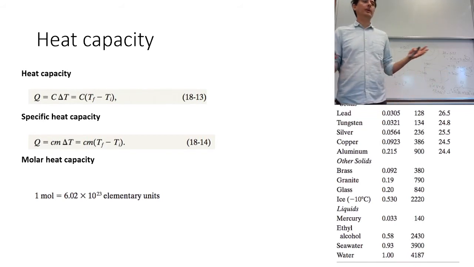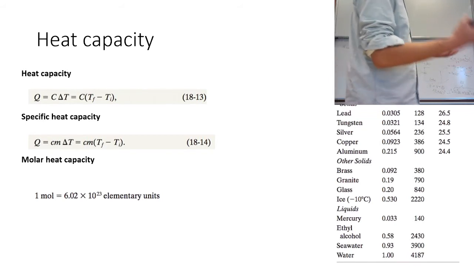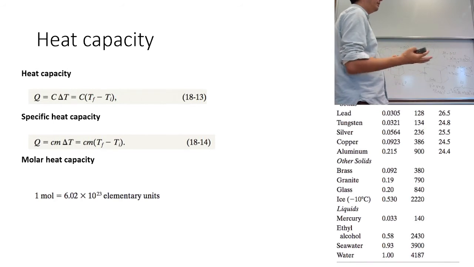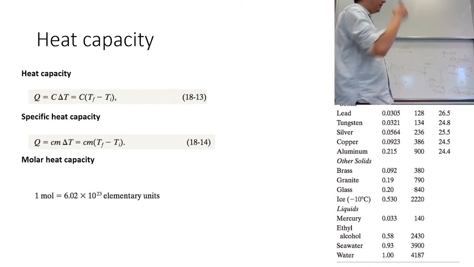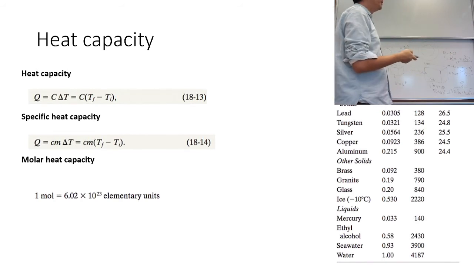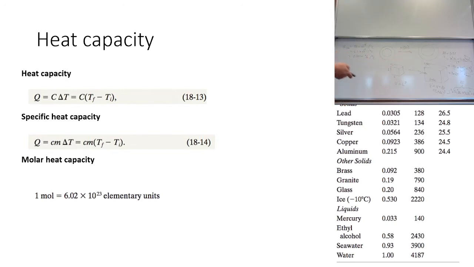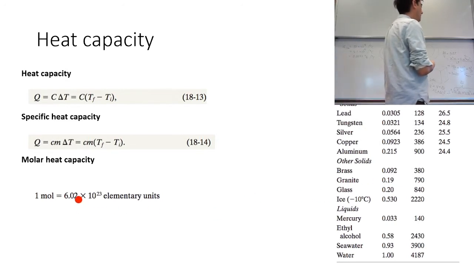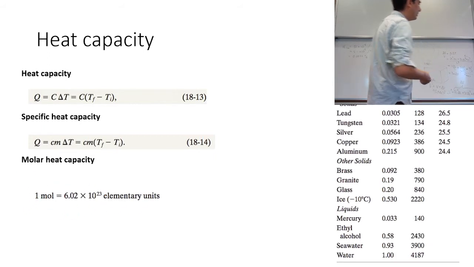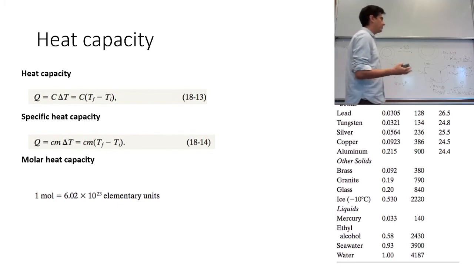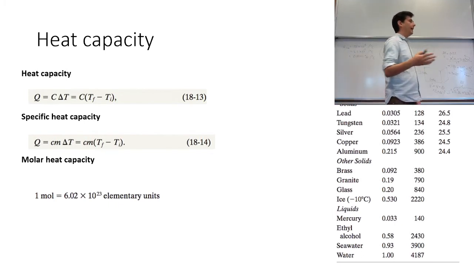So instead of talking about grams or kilograms, we say a certain number of moles of a particular material. Of course it's material dependent, right? Molar heat capacity is per mole, and 1 mole just means a certain number, 6 times 10 to the 23, Avogadro's number of atoms, basically.